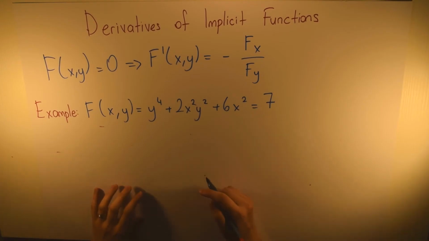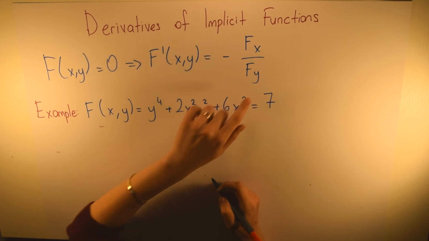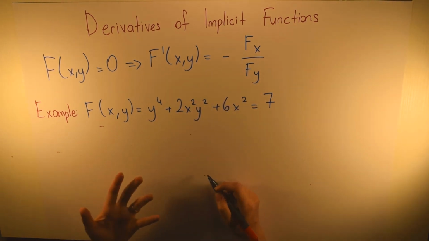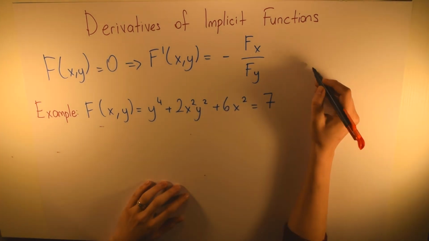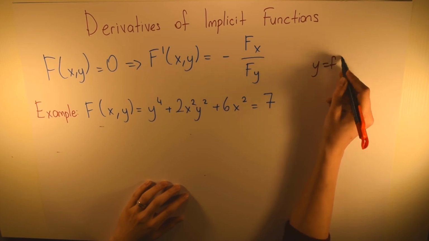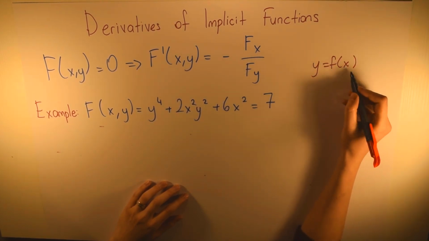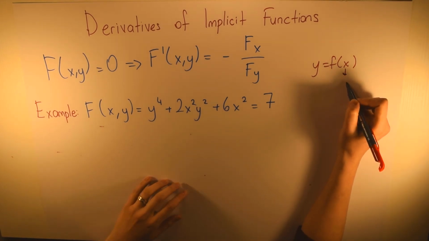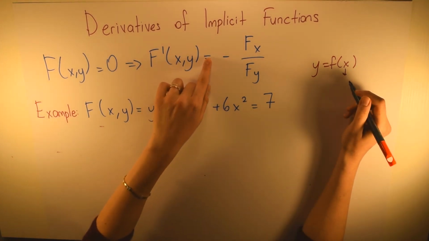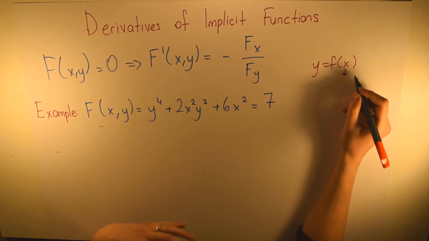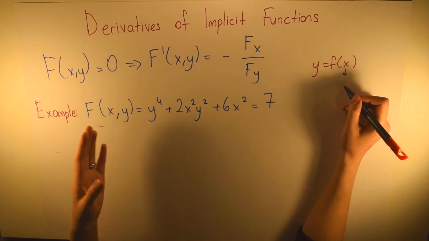Let's continue with derivatives of implicit functions. So what is an implicit function? For example, when we have y is equal to f of x, we know that this y is dependent on x, right? So implicit functions actually have several variables. It can be x, y, z.